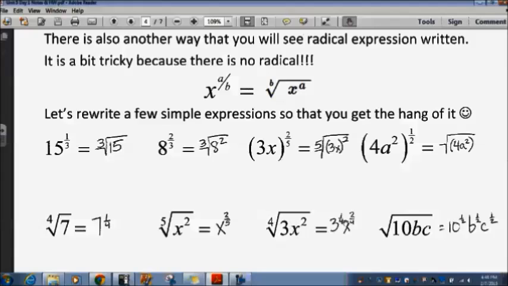So this is just 3 to the 1/4 times x to the 2/4, and x to the 2/4 will just simplify to be 1/2. Here, the square root of 10bc, again, our denominator is 2, so this is just 10 to the 1/2, b to the 1/2, c to the 1/2.